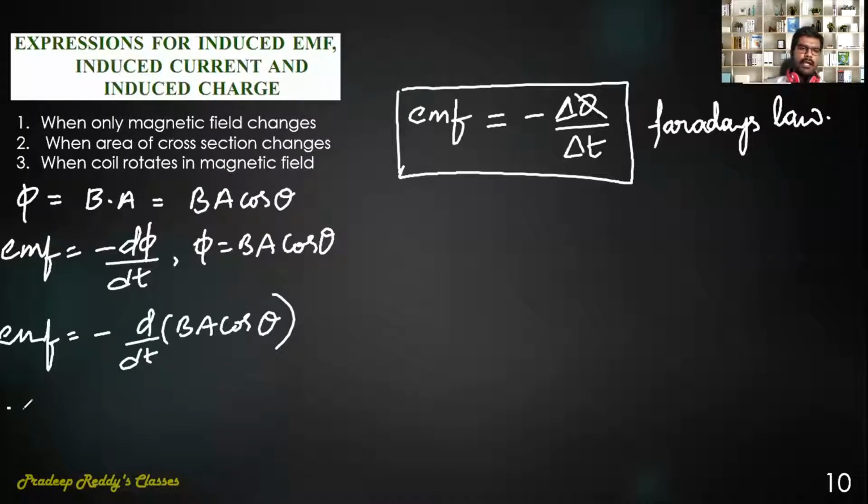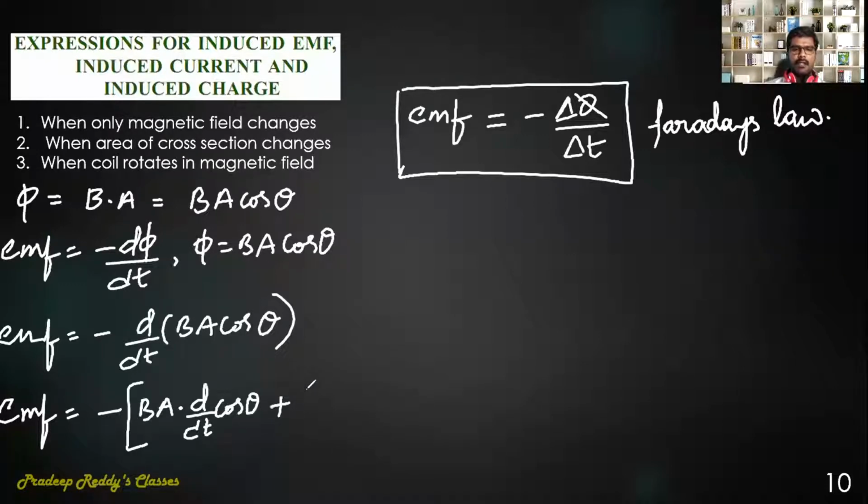Therefore, I can write EMF is equal to minus [B A d by dt of cos theta plus B cos theta into dA divided by dt plus A cos theta into dB divided by dt].